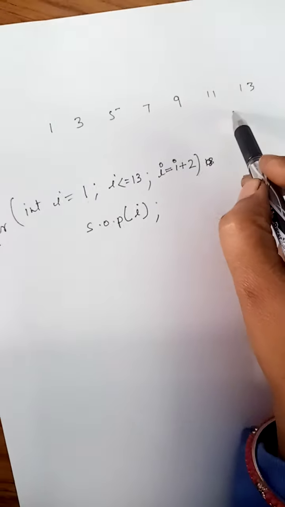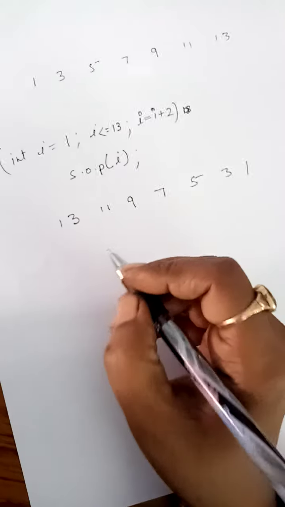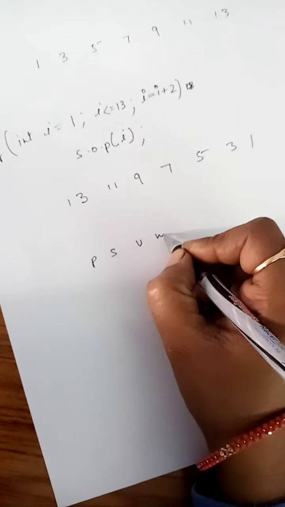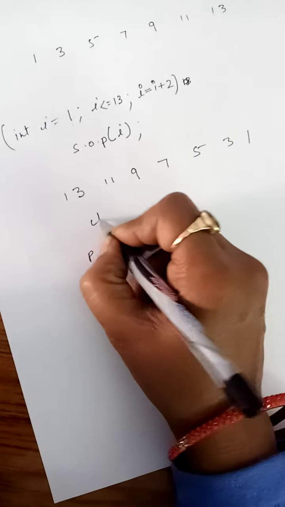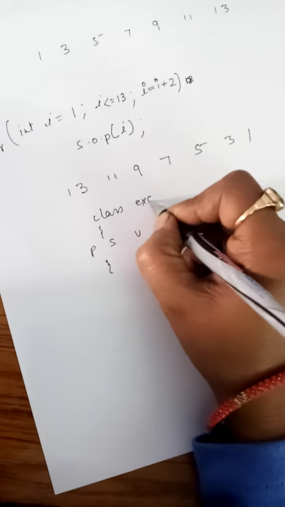Now suppose you have to print any series in reverse order. Suppose the same series from 13 to 1 like this: 13 then 11 9 7 5 3 1. You have to print like this. Same program within a method. Class first, class Example, suppose, PSVM.